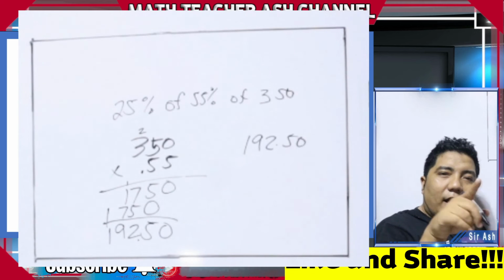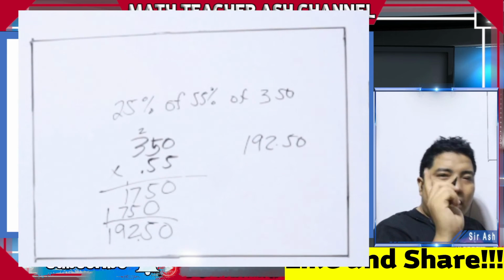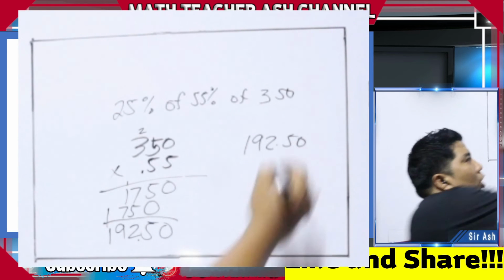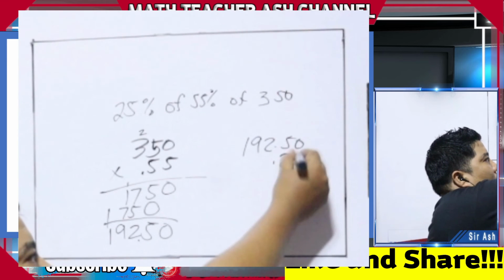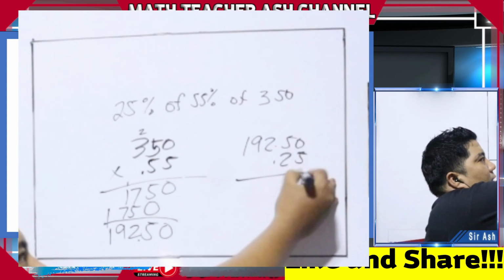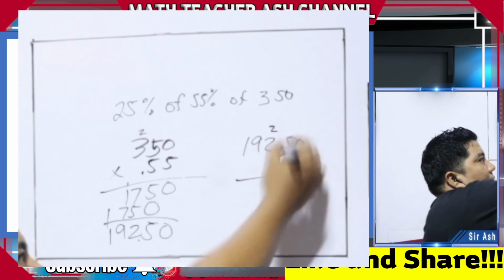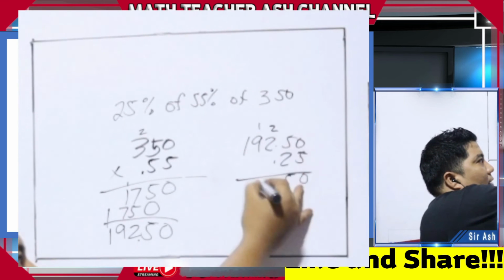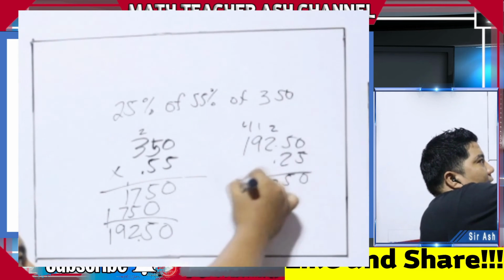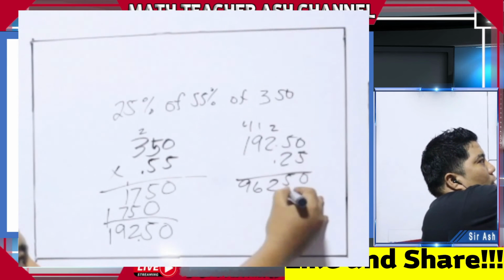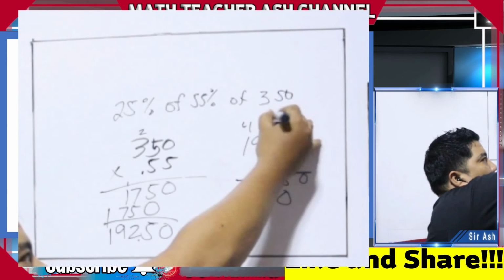So, ngayon, ang gagawin natin, my dear math learners, is to get the 25% of this number. So, we will again multiply by 0.25. So, 10, 12, carry 1, 45, 46, 5, and that is 9. So, we go with 2, 0, that is 10, carry 1, okay?